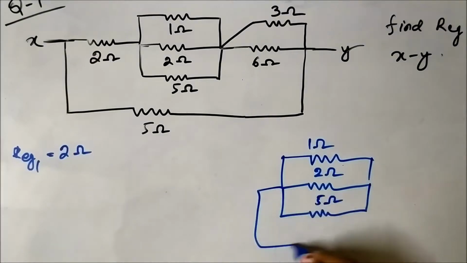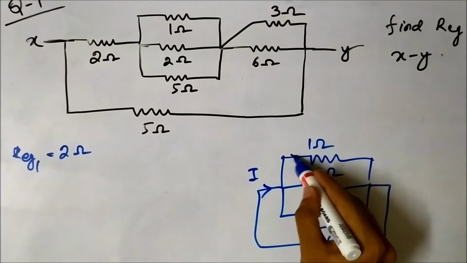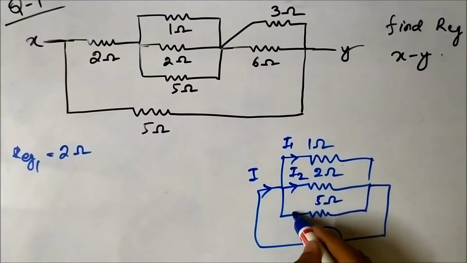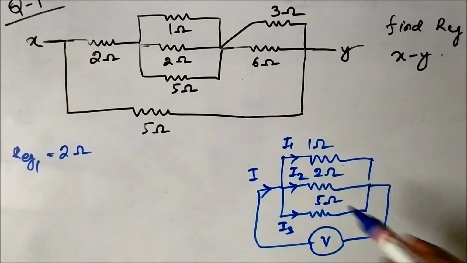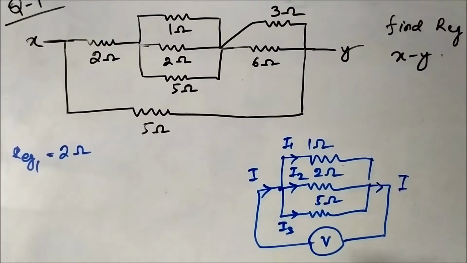If we connect a voltage source across this, here also let the total current be I, and the current will divide itself as, let us say, I1, I2 and I3. Here also they are not connected in series because the current division is taking place at this point, and again this current will add itself up and flow.